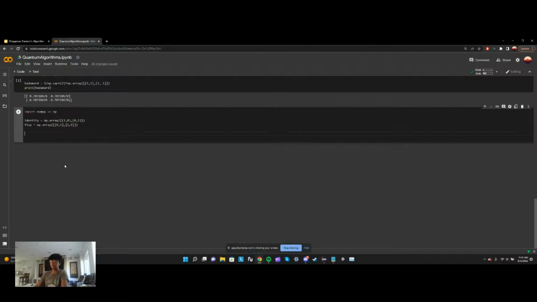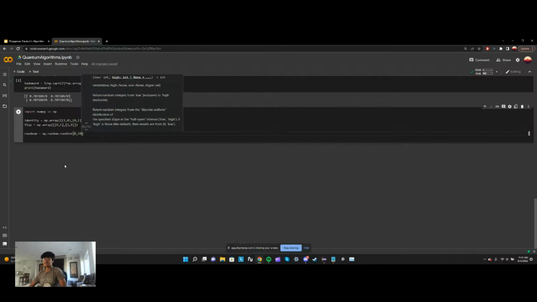It's called random integer. We have random number equal to np.random.randint, and then you have two parameters. I can either choose 0, 10.